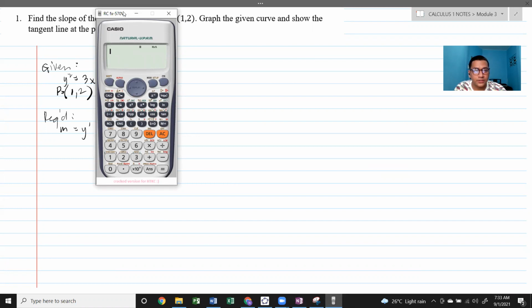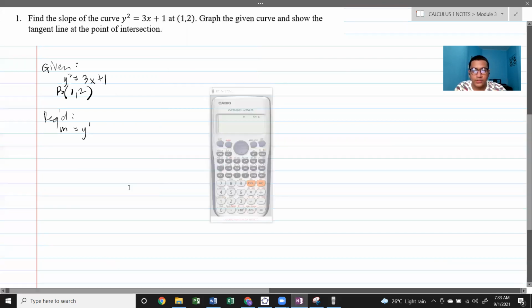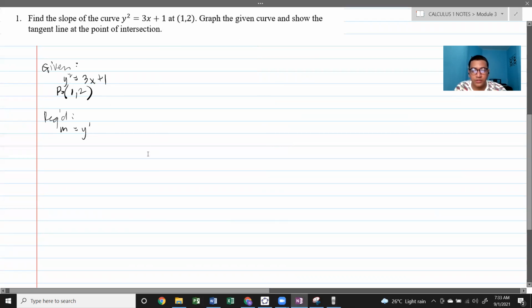So what is our function? 3x plus 1. So when x equals 1, our value is 4. So what about y squared? y is 2. So 2 squared is 4. So definitely this point is on the curve.